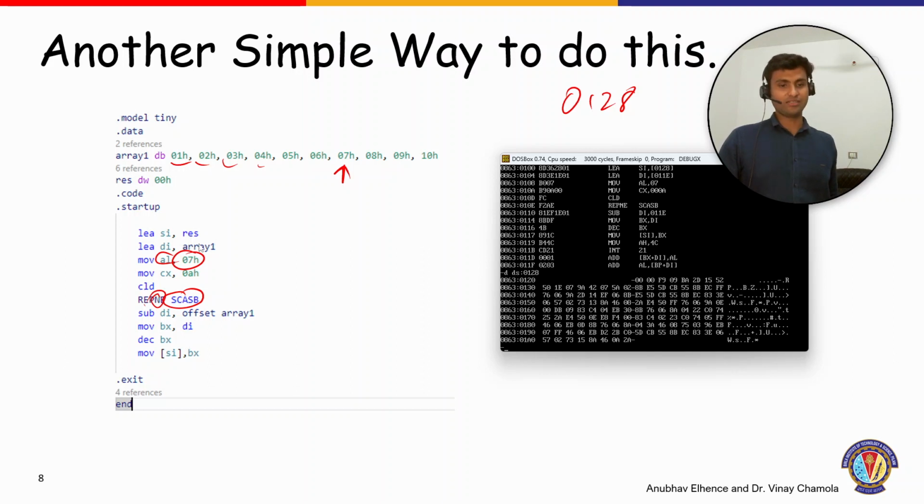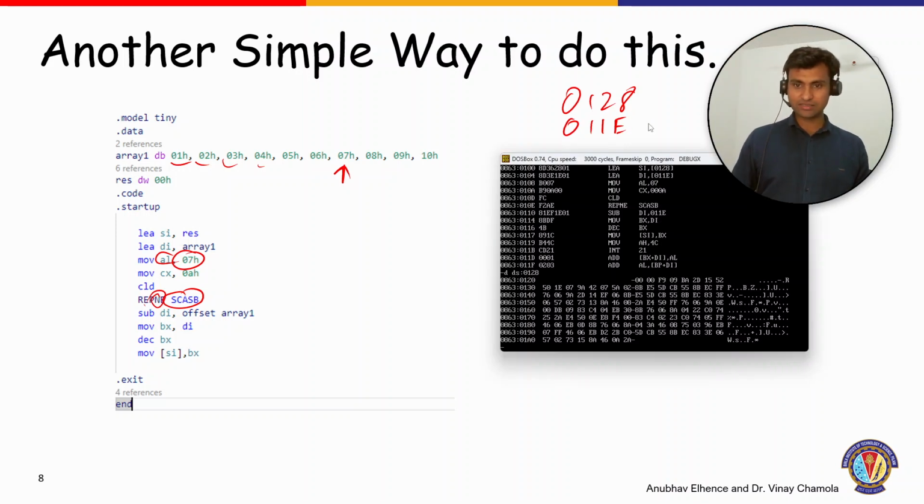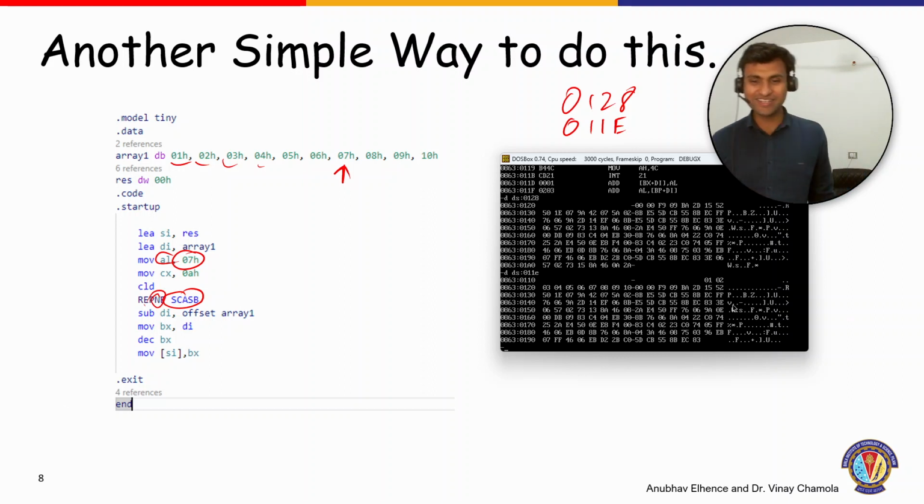Oh, sorry, this is the result. Okay, I want to check the array one, which is 011A. Let me note that down as well. 011E. Was that right? Yes. So DS 011E.